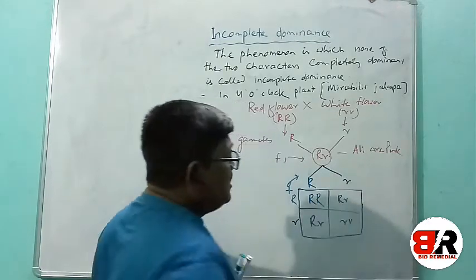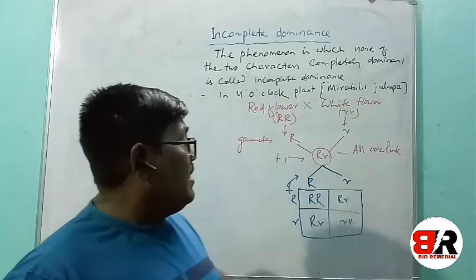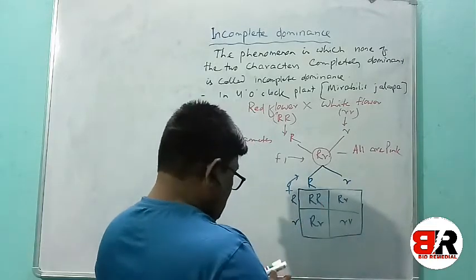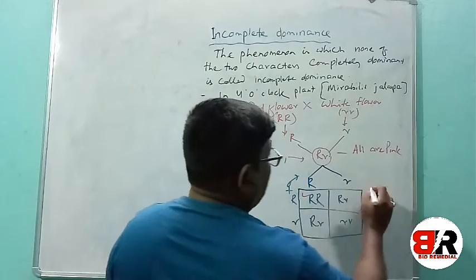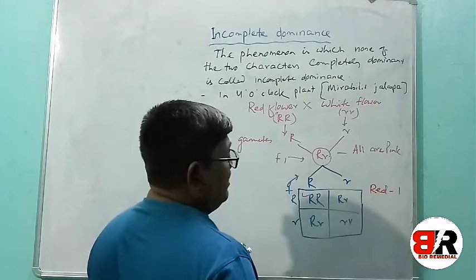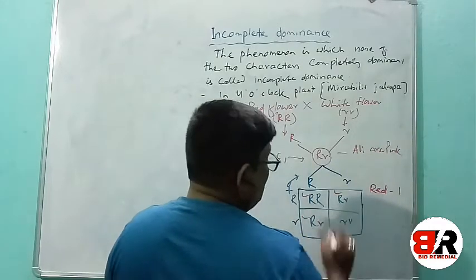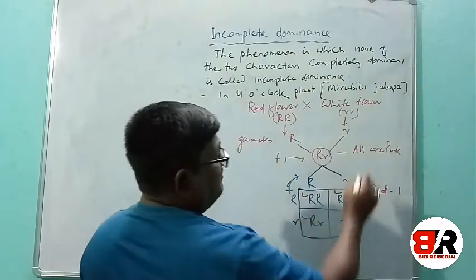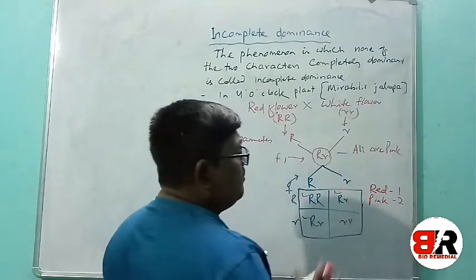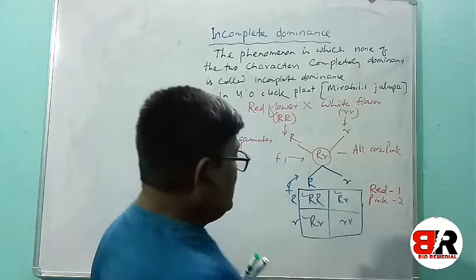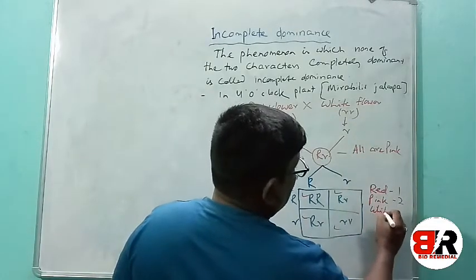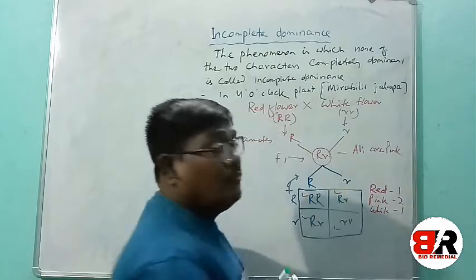This is the genotype he found. For the phenotype, capital R capital R gives red, so he found 1 red plant. Then capital R small r gives pink, so he found 2 pink plants. Out of 4 plants, he found 1 red, 2 pink, and finally small r small r represents white, so he found 1 white plant.